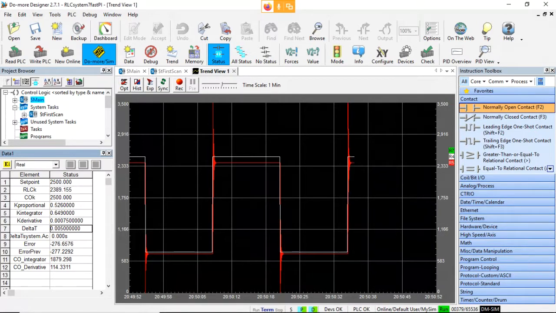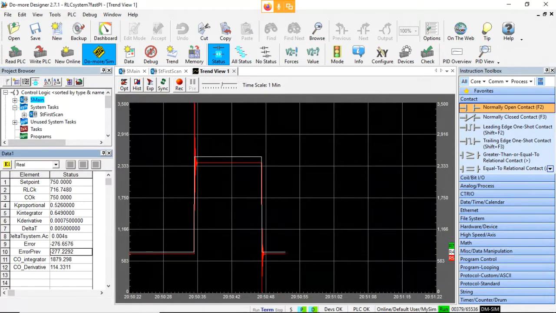Okay, and then there's just my delta t, and this is just my delta t timer accumulating. You can see it accumulating up to 5 seconds there, or 5 milliseconds. And then we have the current error, the previous error, which every time delta t trips, then the previous error will change, but that's only happening when I'm in controlling.